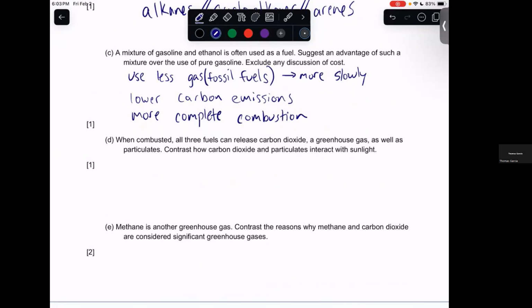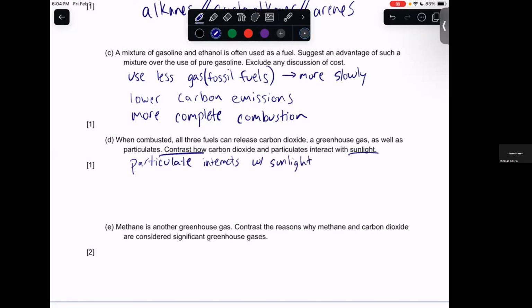All right. When combusted, all three fuels release carbon dioxide as well as particulates. Contrast, so contrast, they only want differences, no similarities. A lot of people give similarities. When they say contrast, only differences of how carbon dioxide and particulates interact with sunlight. Real easy. One, we got to include sunlight in our discussion because it's right there. But two, we just got to say what we see. Particulate interacts with sunlight.